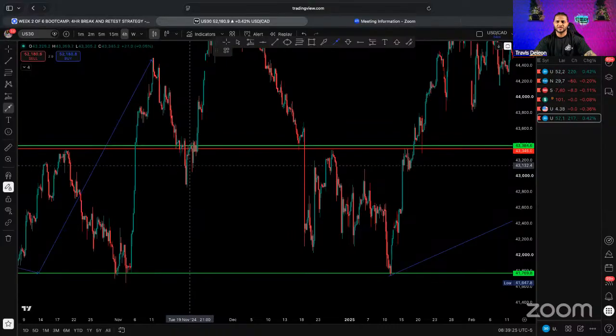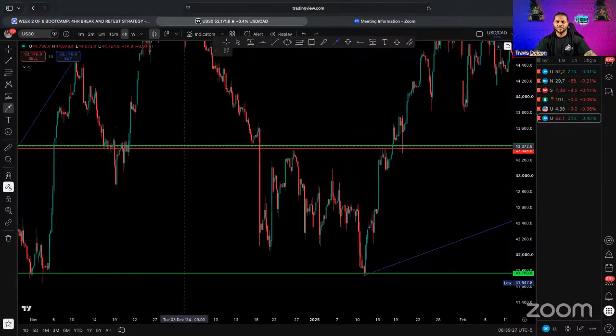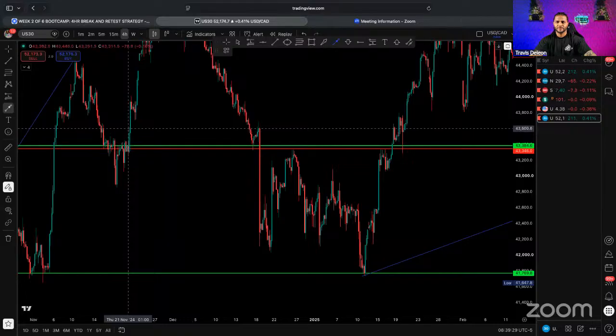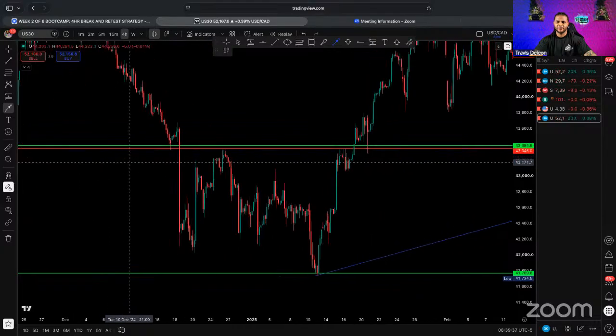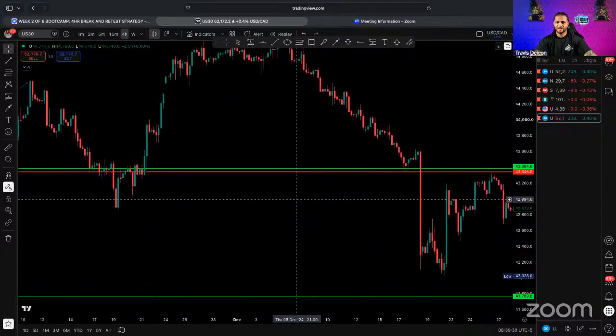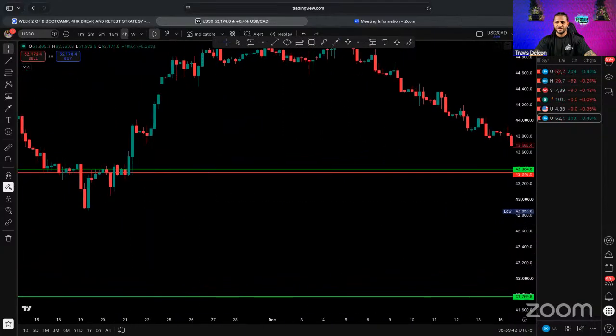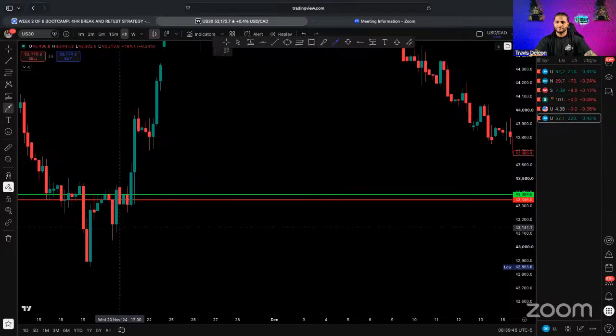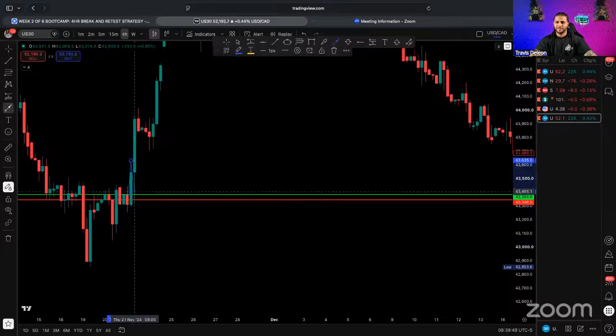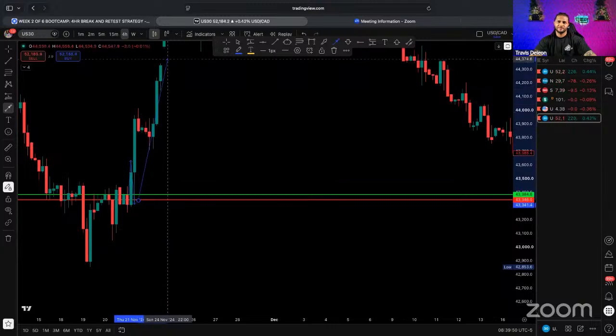Price kept consolidating. After a break above the 43,612 level, the other candle came right down and went higher.